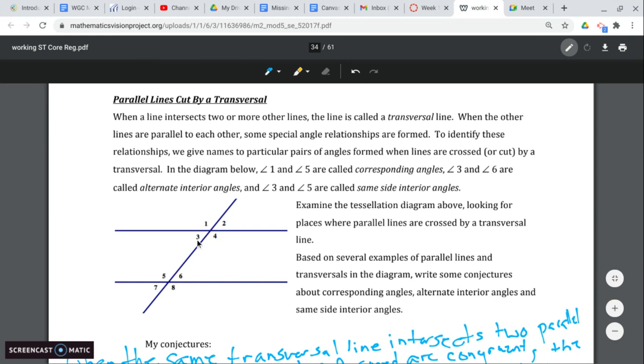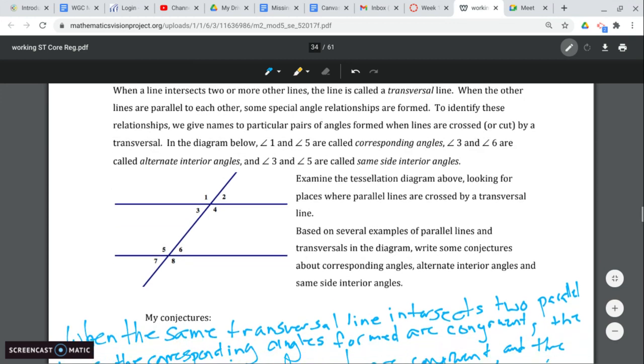In this case, same side interior angles are going to be supplementary, whereas alternate interior angles will be congruent, and so will corresponding angles. We have the same rules for interior as we do for exterior. So 1 and 7 are exterior angles. They're same side exterior, so they'd be supplementary.